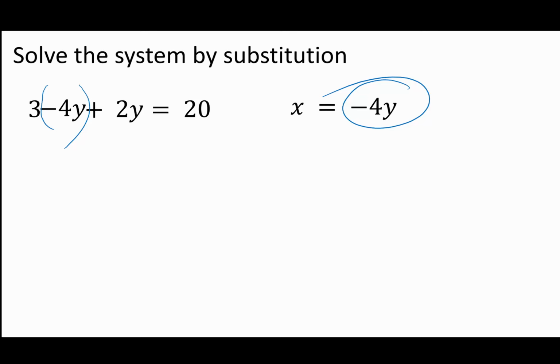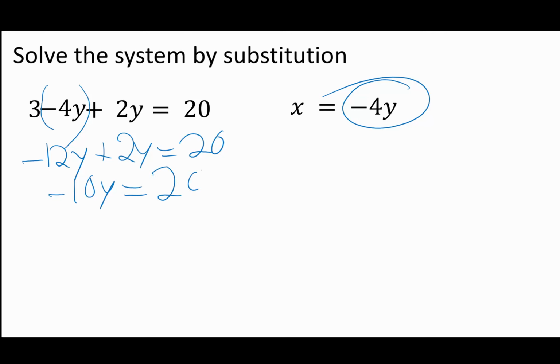So 3 times negative 4 is a negative 12y, plus 2y is equal to 20. Negative 12 plus 2 gives me a negative 10, equal to 20. And because the 10 is multiplying, we can divide.